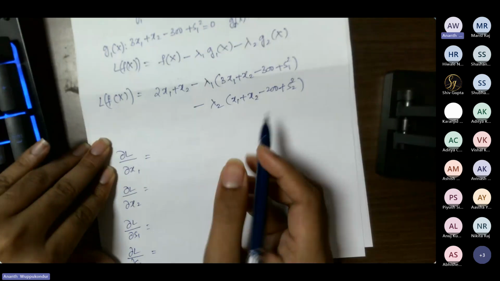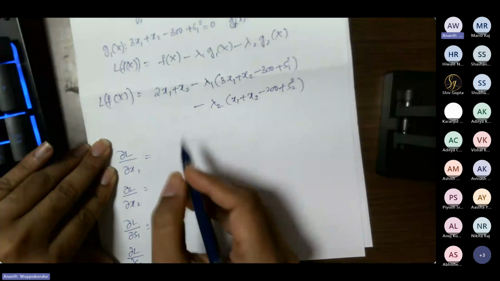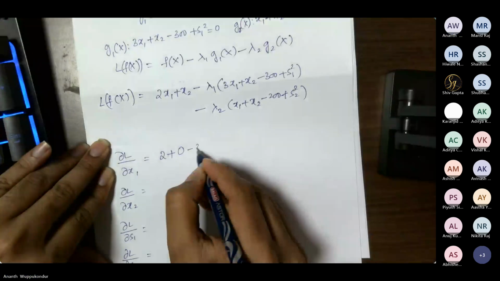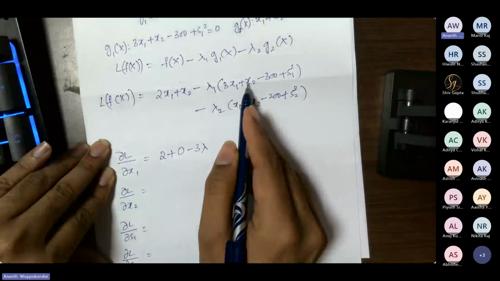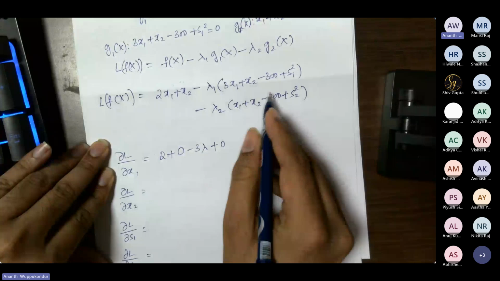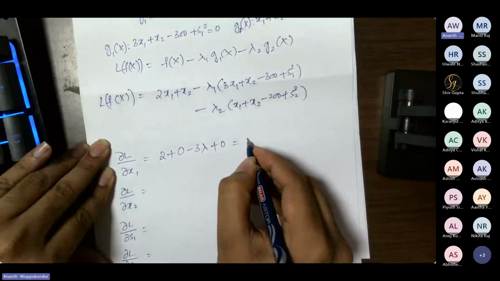So if I differentiate L with respect to x1, what I get is 2 minus 3 lambda 1, and the other terms become 0 because they are constant with respect to x1, and we equate it to 0.